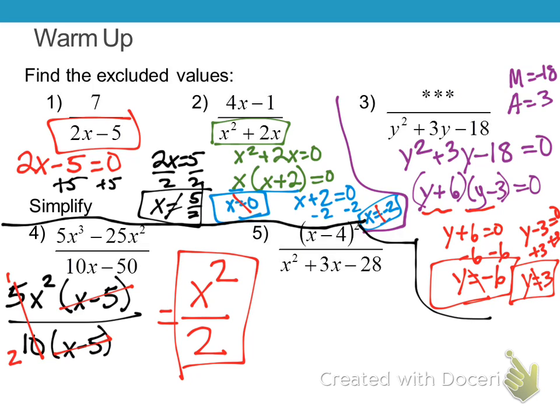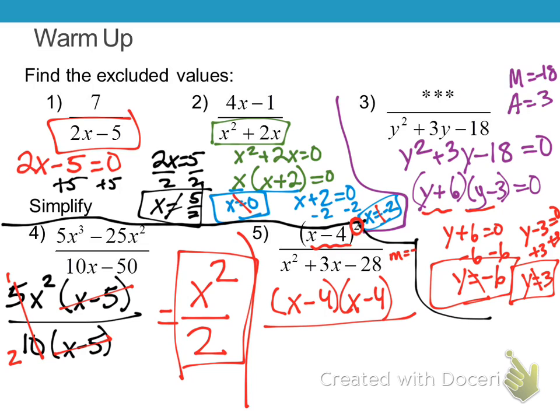Questions on number 4. All right, number 5, it's kind of hidden, but there's a squared right there, which means you have this twice. So this is x minus 4 times x minus 4. The denominator will do MA, so what multiplies to -28 but adds to 3? 7 and 4. Which way? -4 and +7. Okay, so x minus 4, x plus 7.